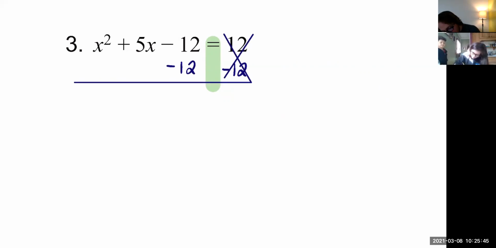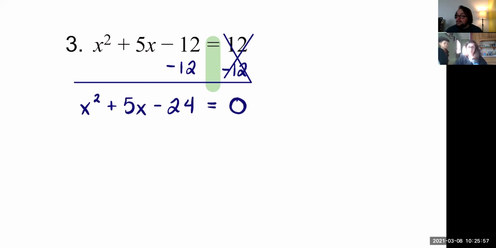We do actually have a like term on the left to subtract it from. So it looks like I'm going to get x squared plus 5x minus 24 equals 0. So that's good news. It's set equal to 0. Now I'm ready to factor.